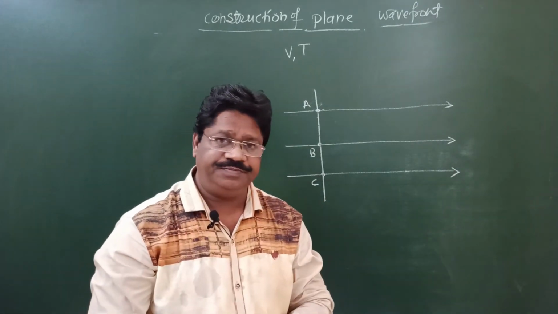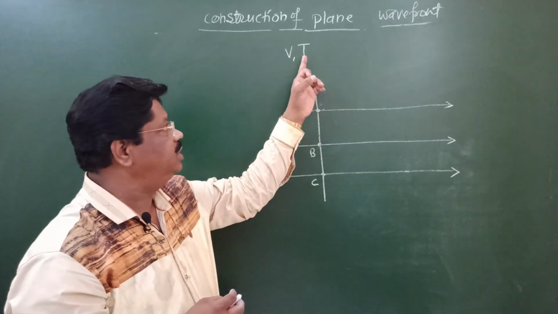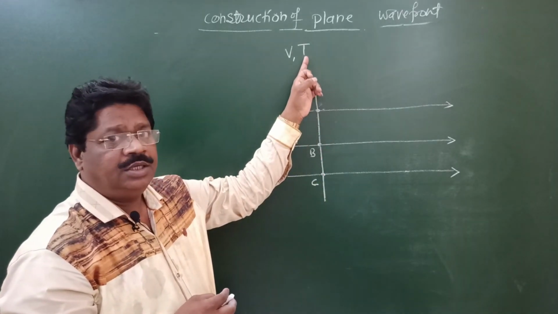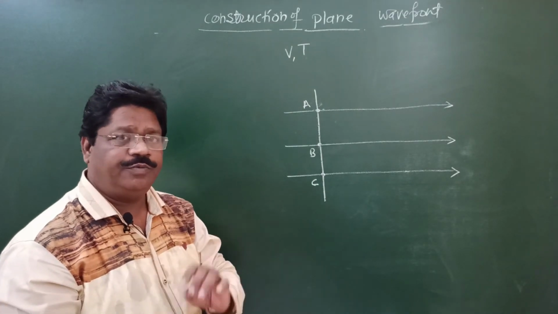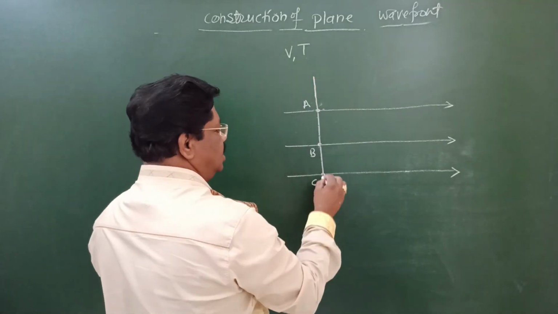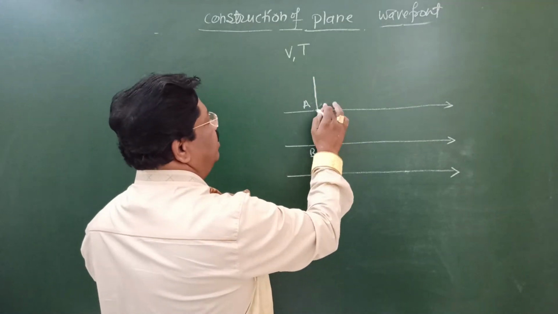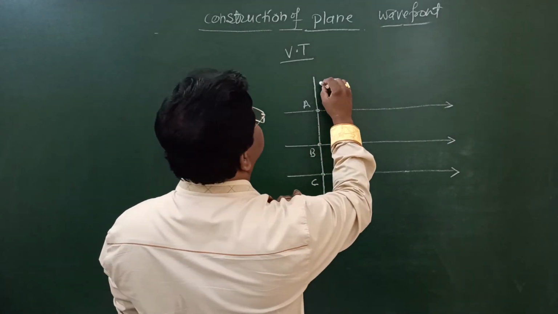To determine the new wavefront after time t, we have to construct the plane wavefront, and for this purpose draw semispheres having the radius v into t like this.